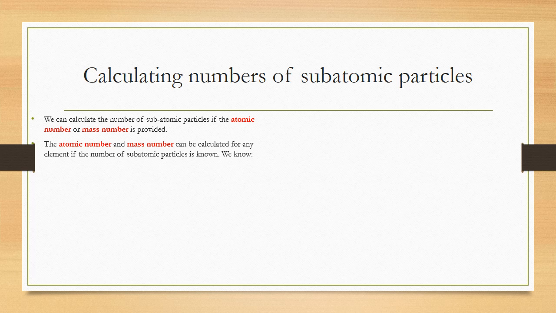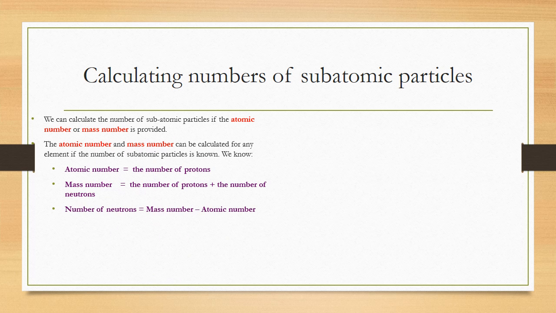The atomic number or proton number and the mass or nucleon number can be calculated for any element if the number of subatomic particles is known, because the atomic or proton number equals the number of protons, and the mass or nucleon number equals the number of protons plus the number of neutrons. Because of this, we can work out the number of neutrons: it's the mass number minus the atomic number, that top number minus the bottom number.